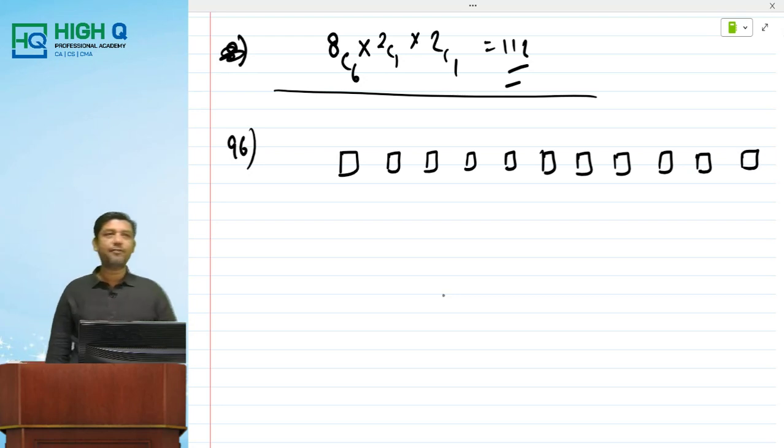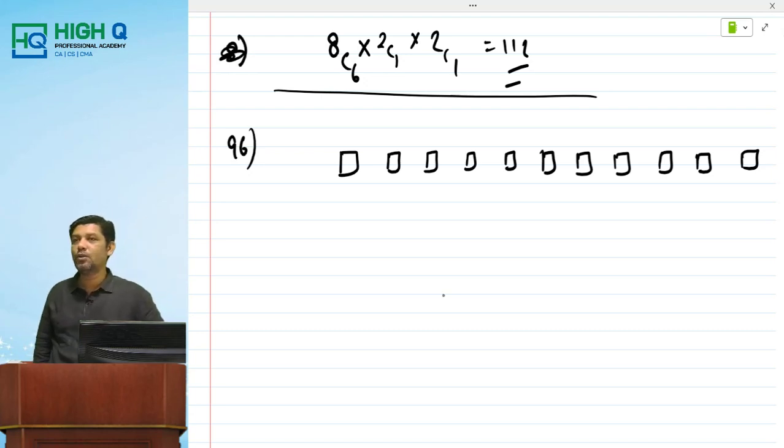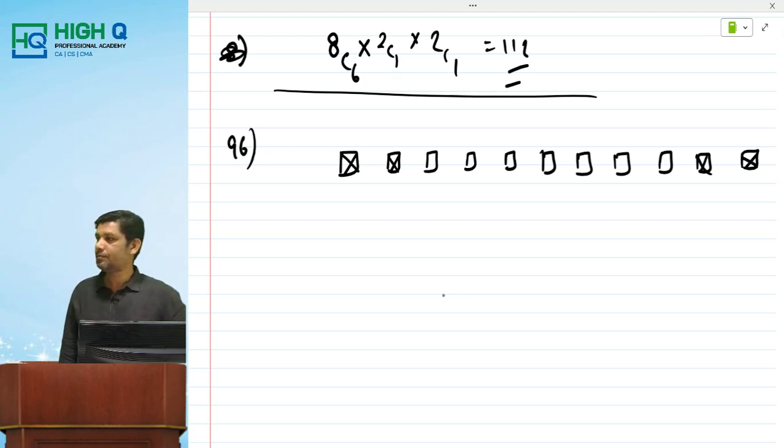For example, they are going for a movie and this is what the arrangement is. And what the children are saying is they want to occupy only the extreme seats, corner seats, okay. So 2 will be here, 2 will be here. This is what their arrangement is. Is that correct, my dear?